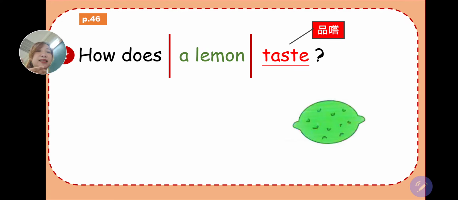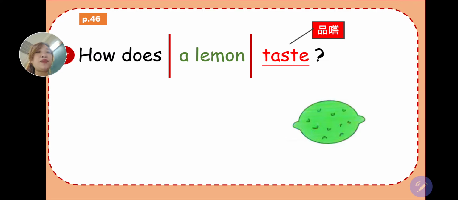How does a lemon taste? Lemon 尝起来是怎样的？好，这里呢 a lemon only one, so I need to ask them how does. 为什么要用 does 不是 how do 呢？因为 does 给3单用，这个是只有一个第三人称单数，所以 a lemon 单数型，所以我要用 how does a lemon taste? How does a lemon taste?